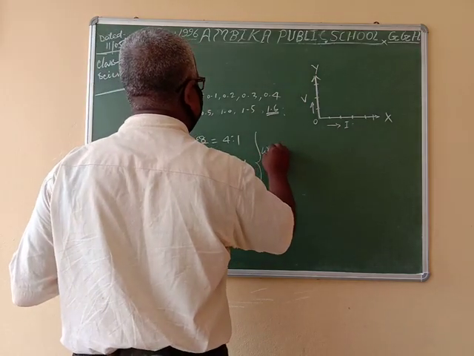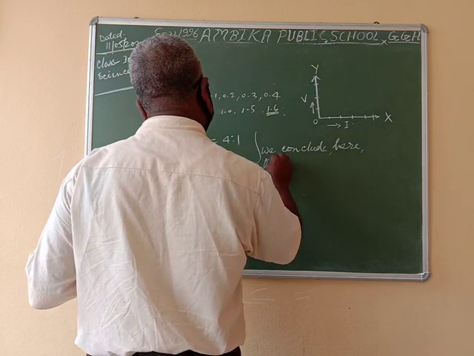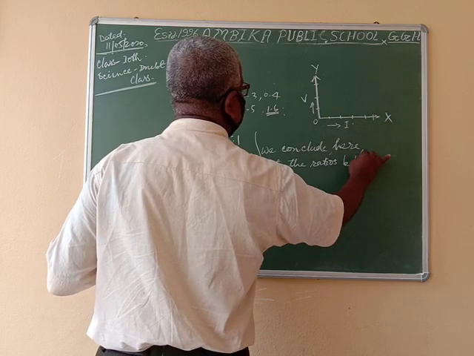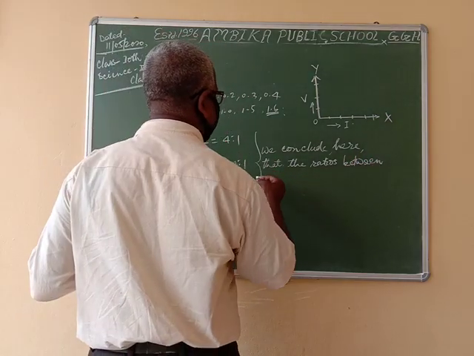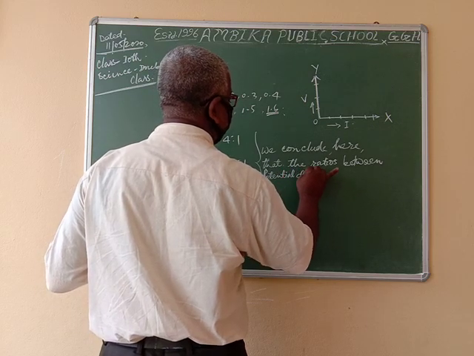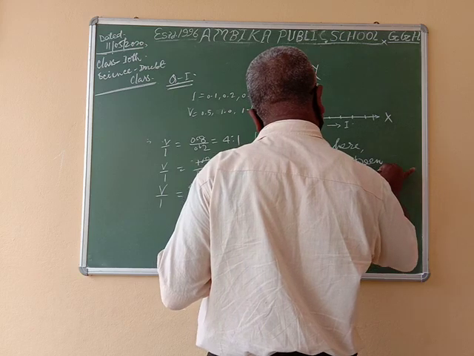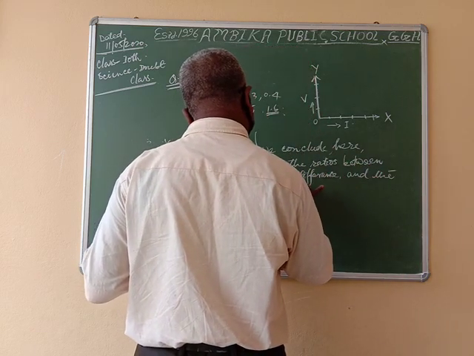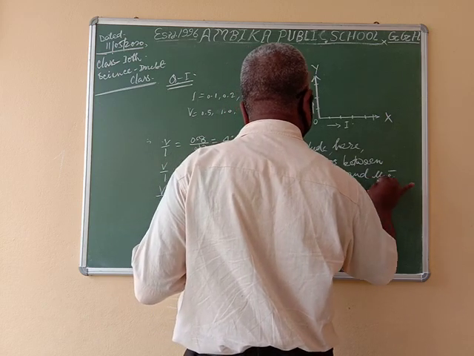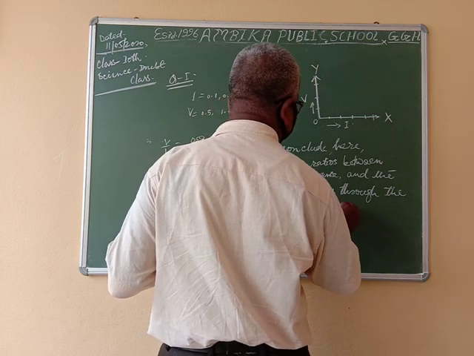We conclude here that the ratio between the potential difference and the current passing through the conductor remains constant.